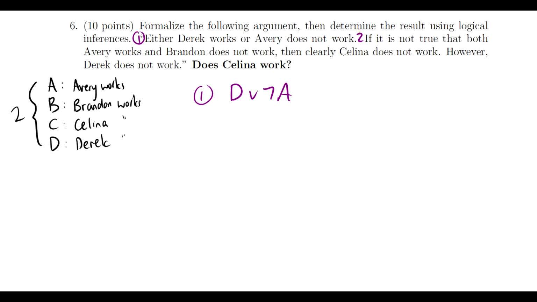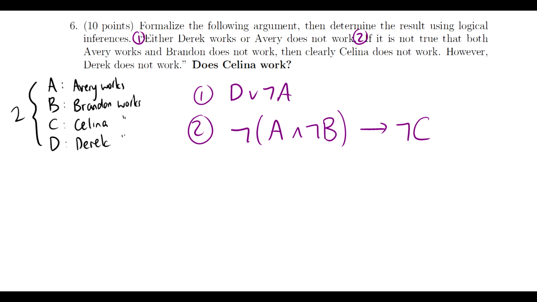The second sentence: if it is not true that both Avery works and Brandon does not work, then clearly Selena does not work. Okay, so if it is not true, so we have a not, that both Avery works and Brandon does not work, then clearly Selena does not work.